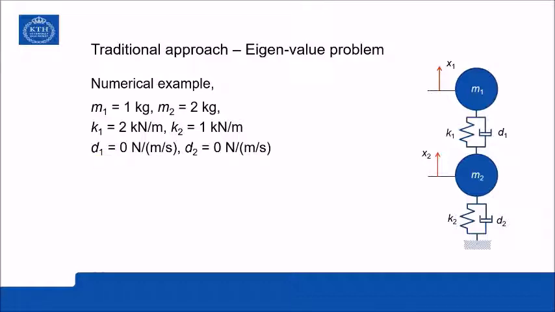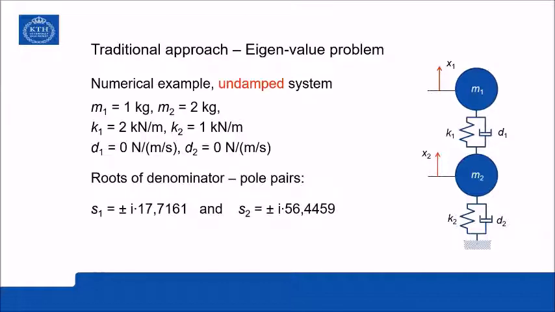So d1 and d2 are 0. So we have a lossless system. So the roots of the denominator, the pole pairs, are in this case purely imaginary, and as you can see, they are complex conjugates.